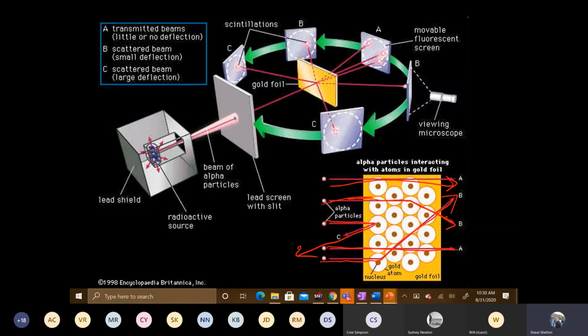Now, what's important to understand is that if we look back at the plum pudding model, the entire thing was positive charge. If you send an alpha particle that is positive charge into the atom, which in this case was all positive, everything should be deflected backwards. Does that make sense?